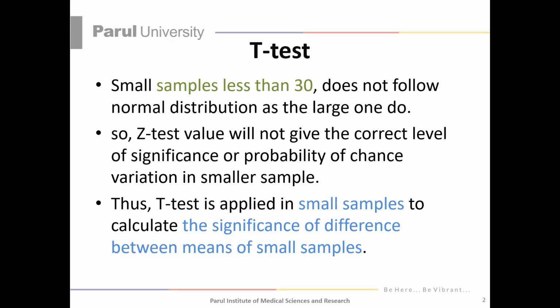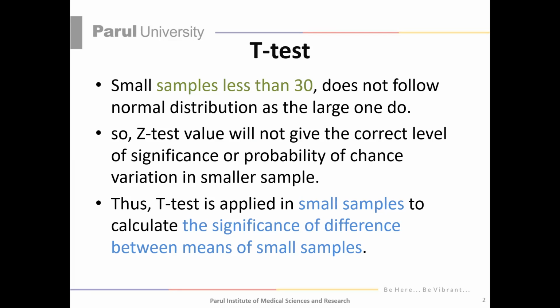If your sample is a large sample and your population standard deviation is known, you have to go for Z test. But if your data follows normal distribution, and you have a small sample and your population standard deviation is unknown, then you need to perform t-test.